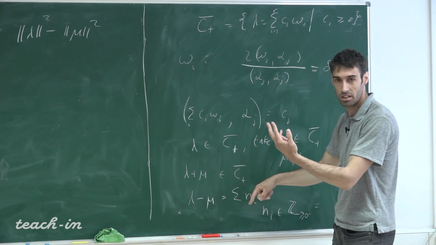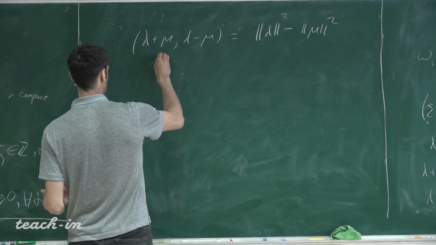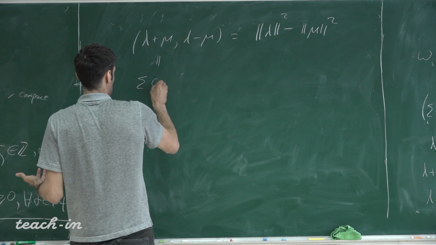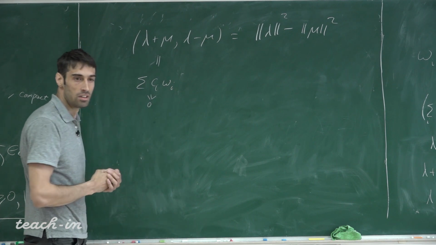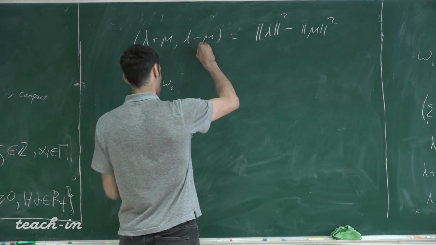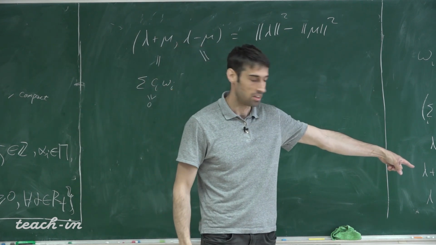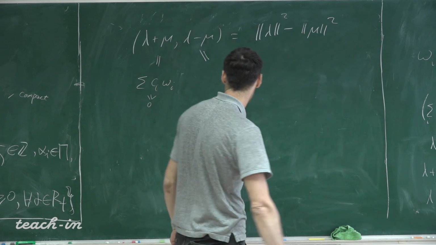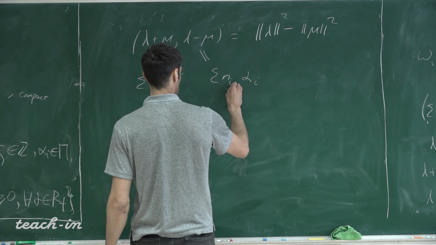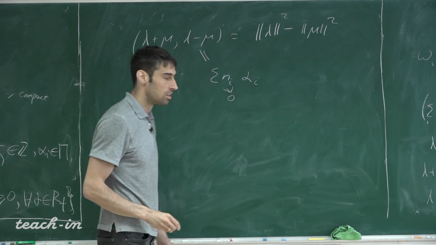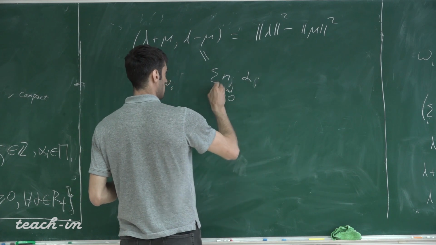Since this is in C plus, this decomposition will have positive coefficients, so I can write it as Ci omega i, where Ci is positive. But the other one I would like to decompose using the other basis, alpha i's, also with positive coefficients. Maybe I should write the summation index differently.